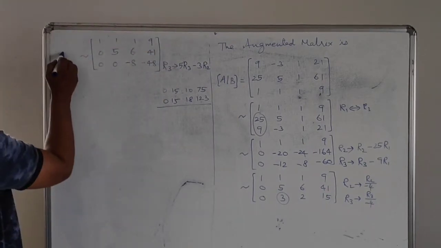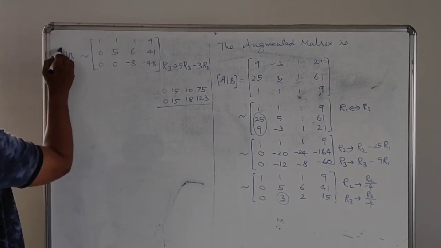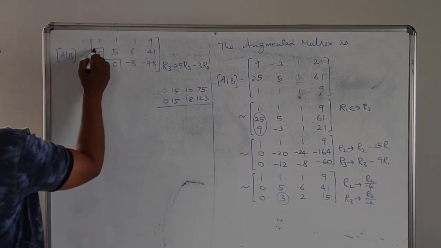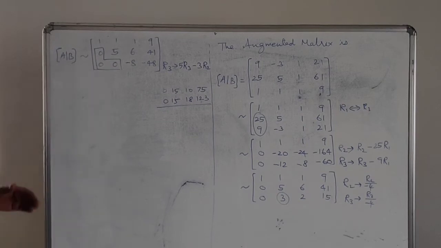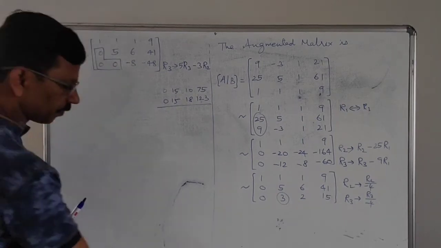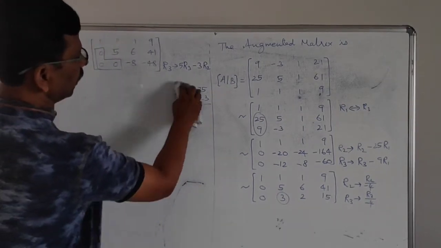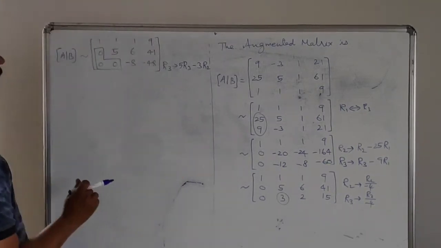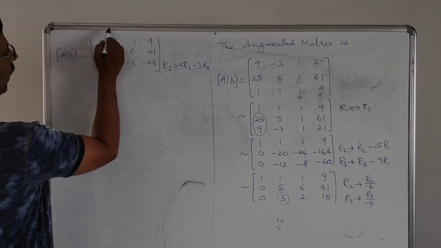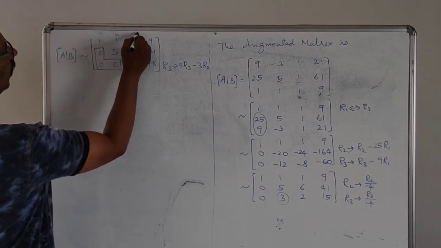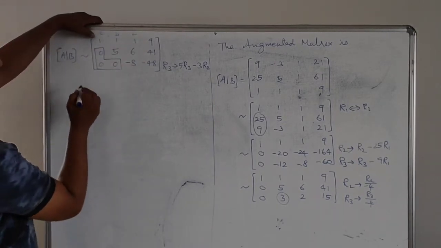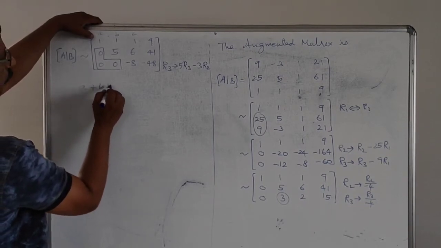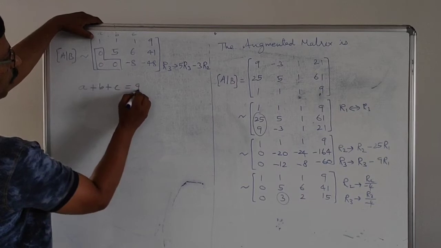Now we have brought it into which form? Row echelon form. The given augmented matrix is now in row echelon form. See here, this is in L form. After that, we have to write the equations based on this row echelon form. See here, this is variable A, this is variable B, this is variable C. Therefore, you can write A plus B plus C equal to 9.